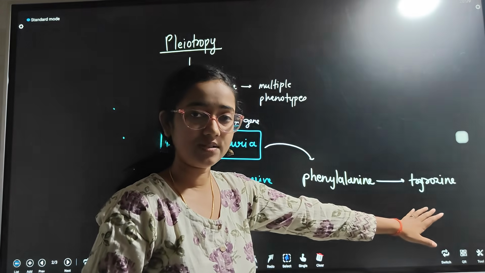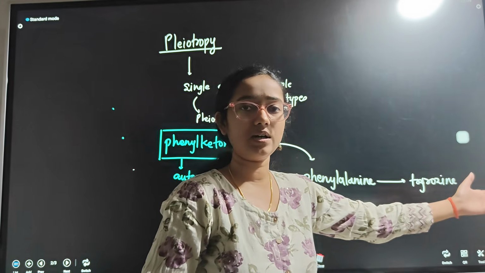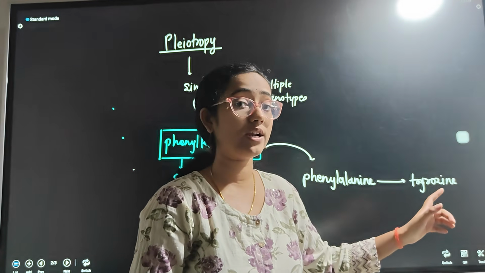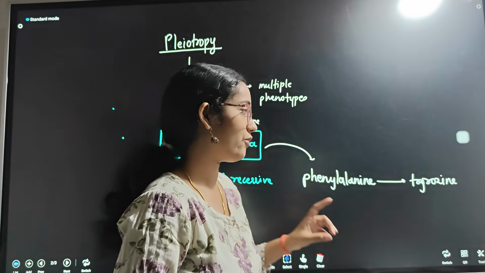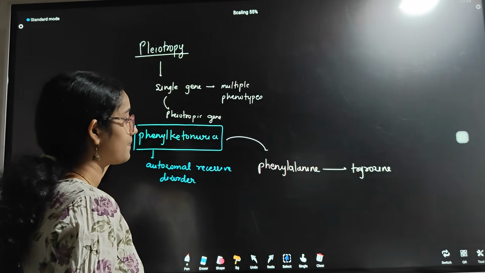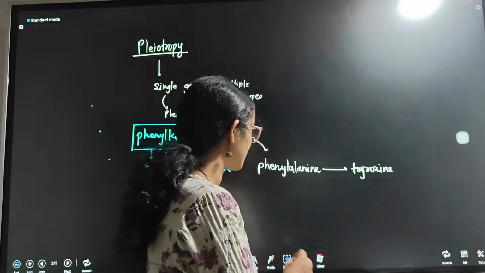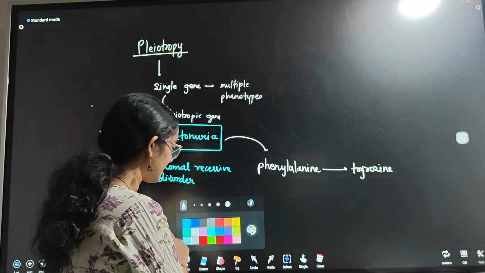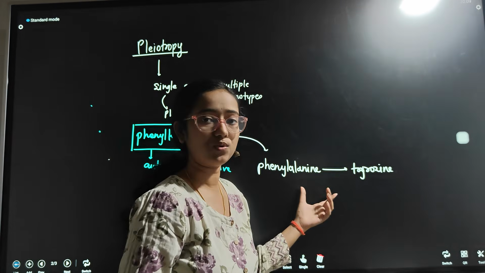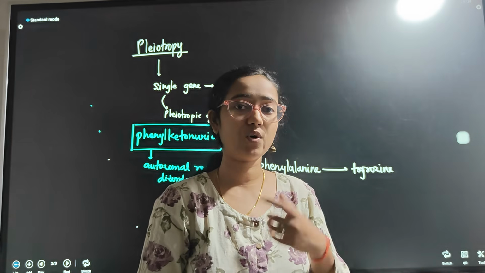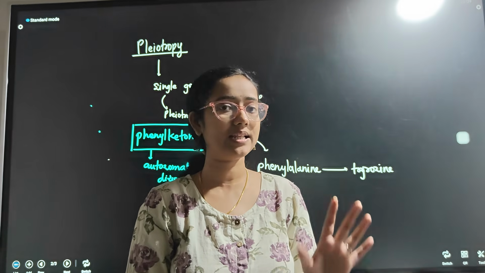Now, what is tyrosine? Tyrosine is also an aromatic amino acid, which is required for thyroid hormone synthesis, and then again for a series of reactions in the metabolic pathways. As we know, every metabolic reaction in our body is catalyzed by some enzyme.